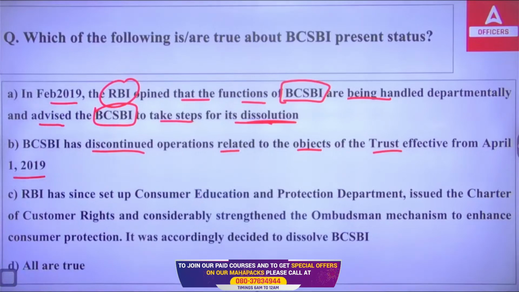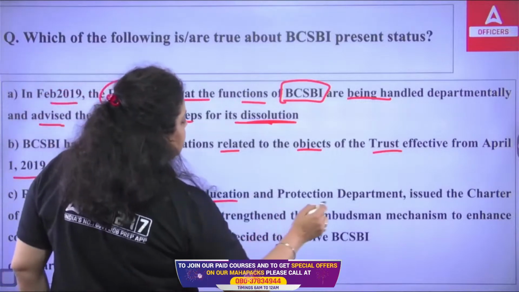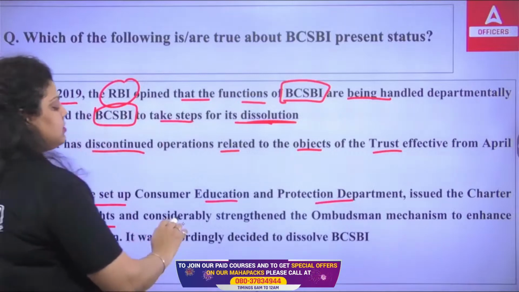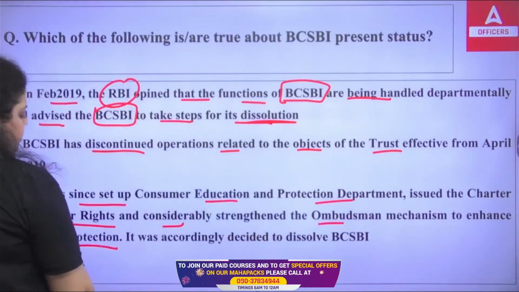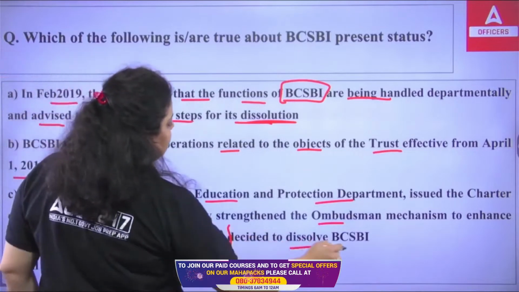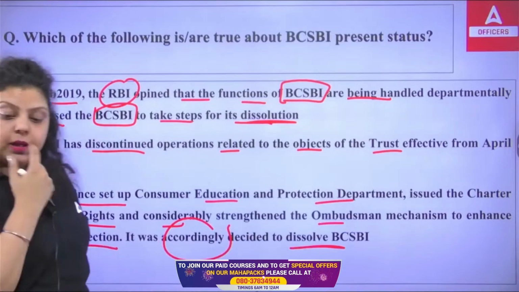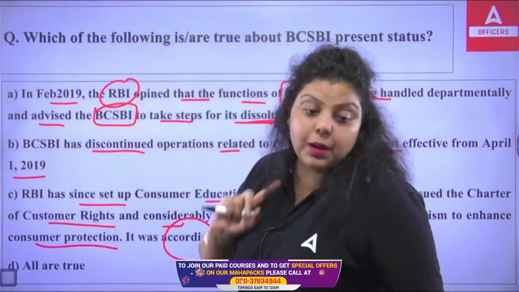Third, RBI, since setting up the Consumer Education and Protection Department, issued the Charter of Customer Rights and considerably strengthened the ombudsman mechanism to enhance customer protection. So it was accordingly decided to dissolve the BCSBI. If you are dissolving the BCSBI, who is going to take care of the frauds or all of the complaints of the customer?